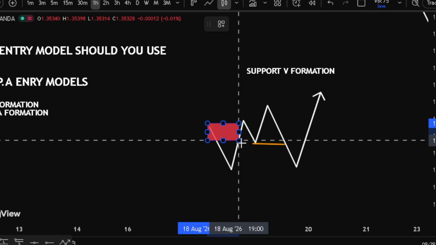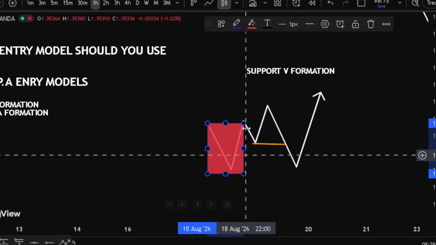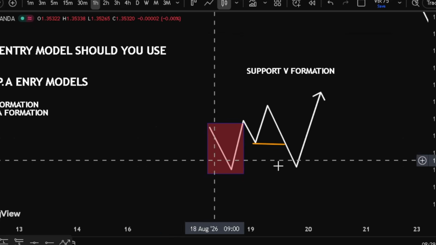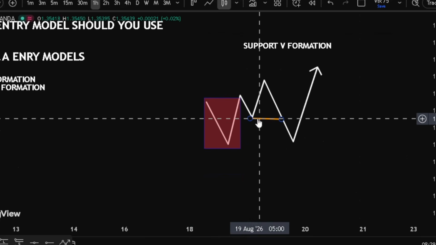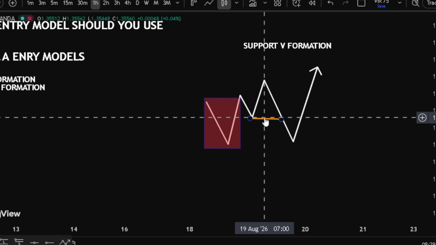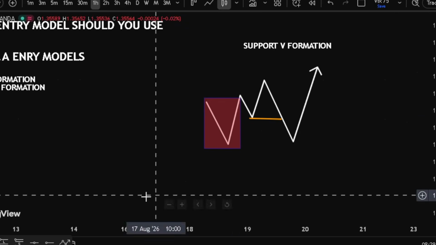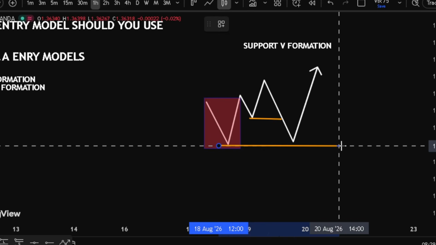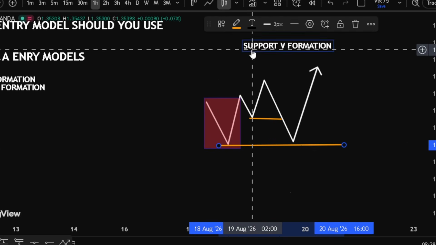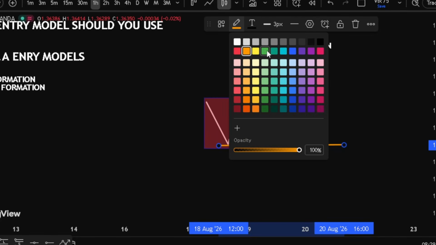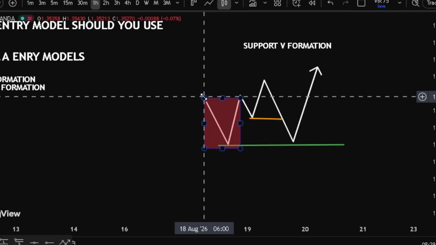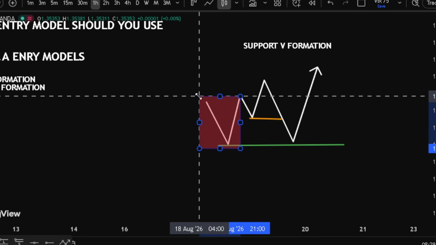Once you get that V-like structure, price normally forms that liquidity, the yellow line, that is our liquidity level, and now price pulls back, gets support on that V level. So that is why it's known as the support V formation. That is where it gets its name.